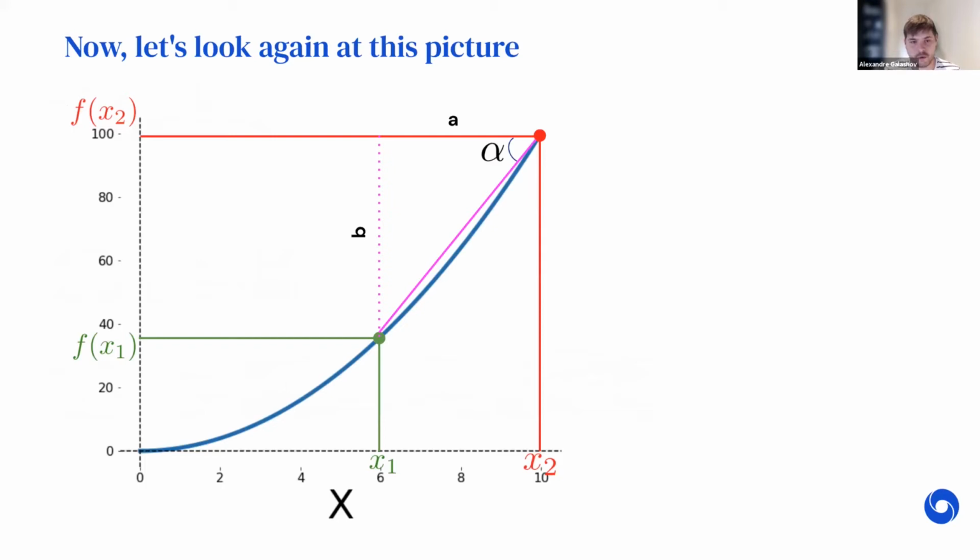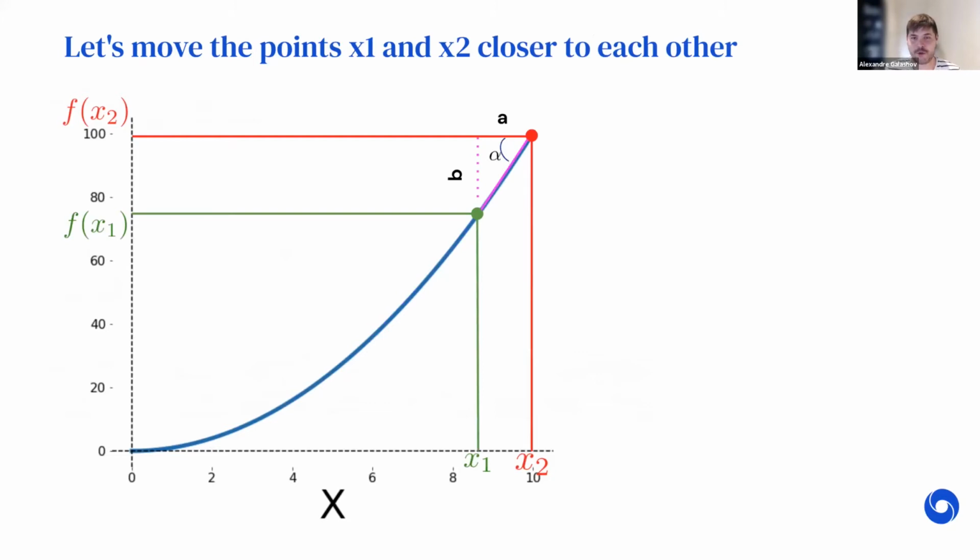So let's come back to this picture. Let's do the following trick. Let's put x1 and x2 closer to each other. So what we just did is we put the points x1 and x2 very close. You see one interesting thing which appears here. You see that this violet line almost matches with the blue line, and it should not, right? Because the blue line is not a linear function. It's not a line. It's a curve which goes up.